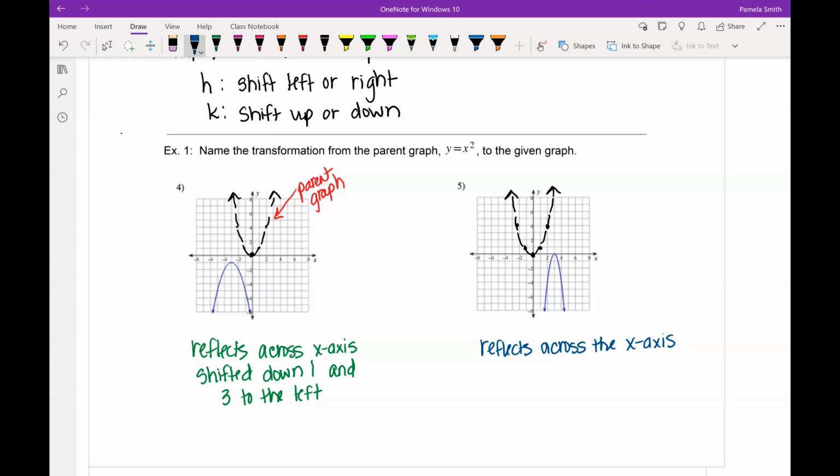But again, if it was just that, I would still have an origin of (0, 0), and I don't have that. Shifts 3 to the right.